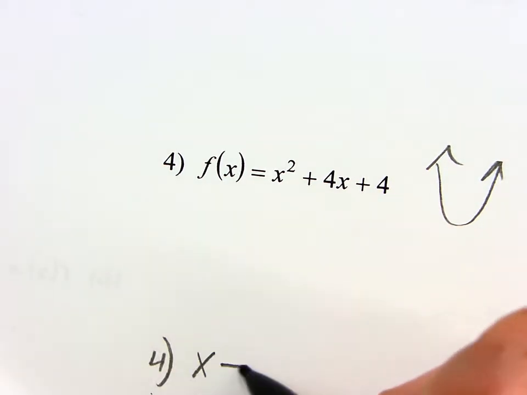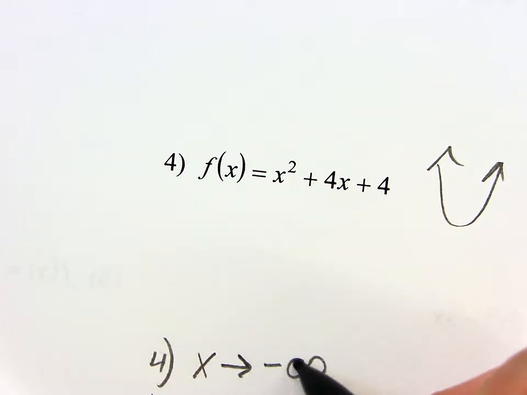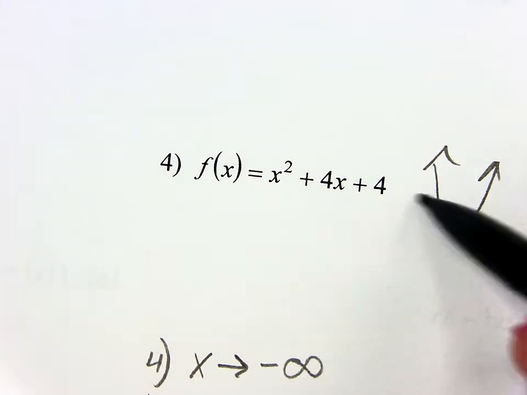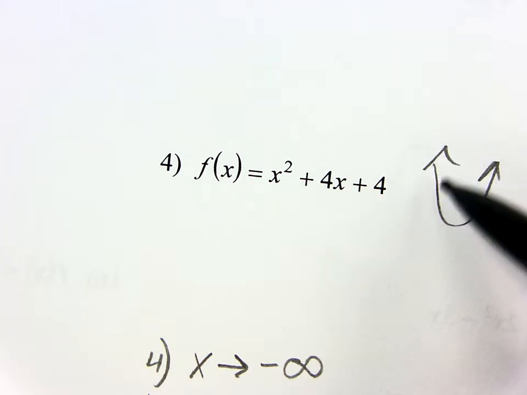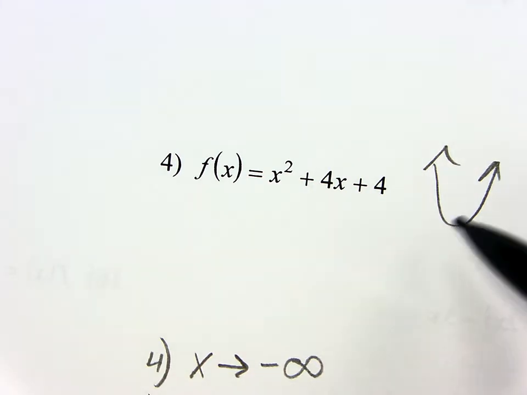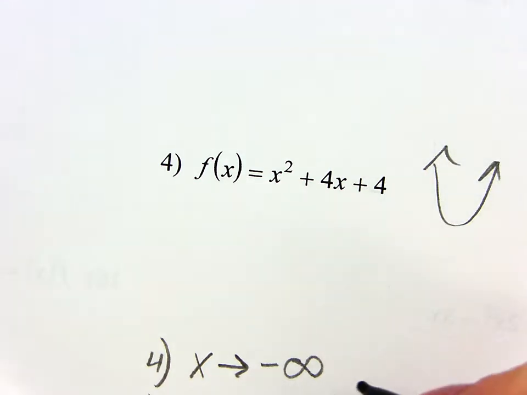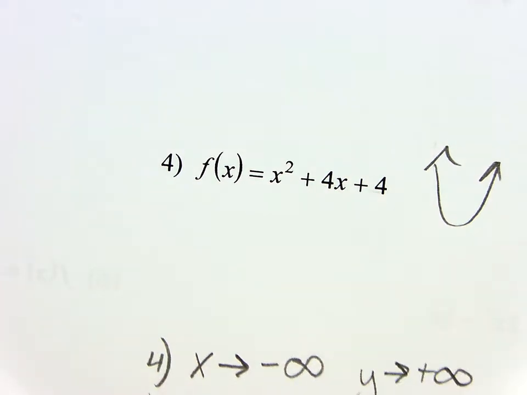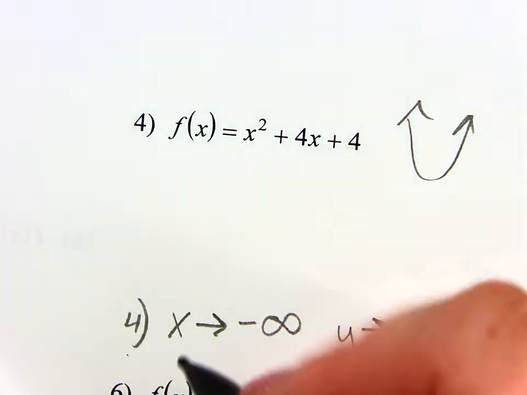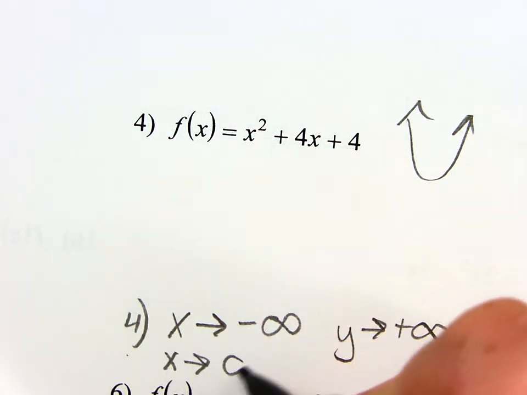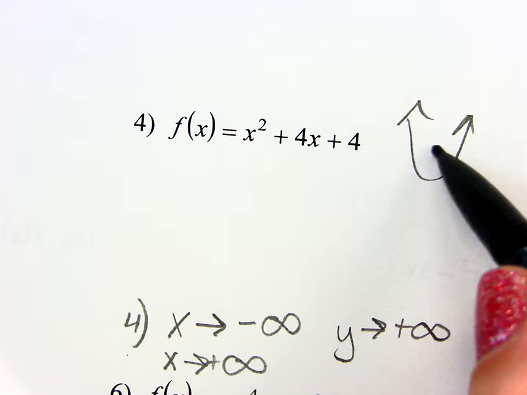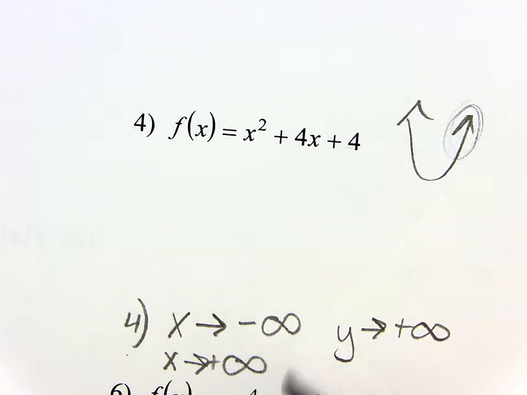As x approaches negative infinity, what's happening to this branch? So as x goes into the negative infinities, y is going to positive infinity. That side's going to go up forever. As x is going to positive infinity, this side, what's happening to the y?